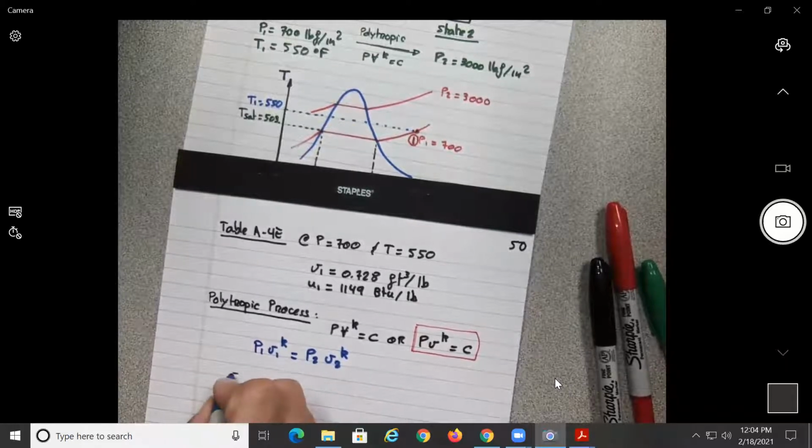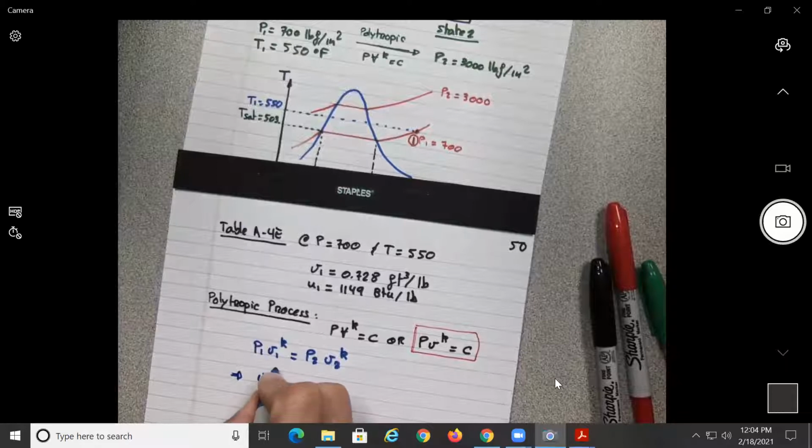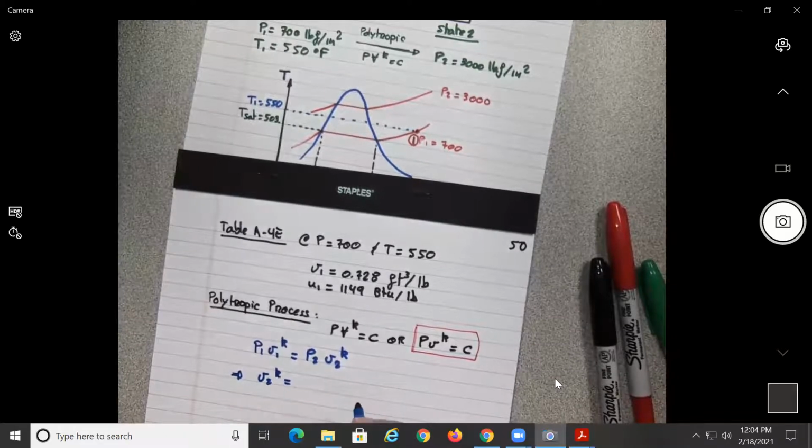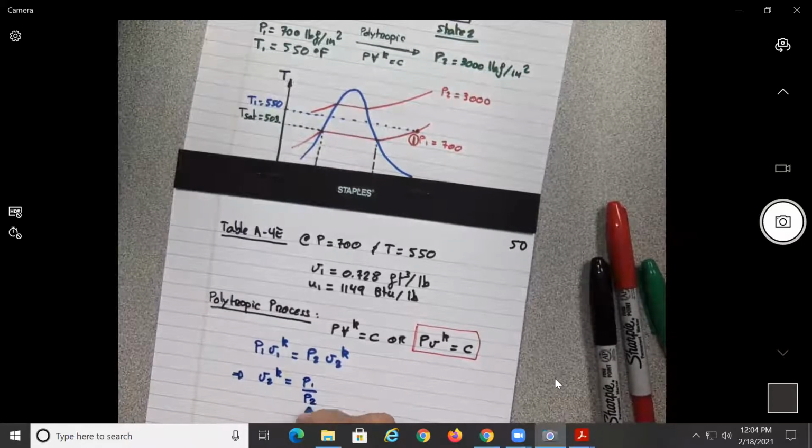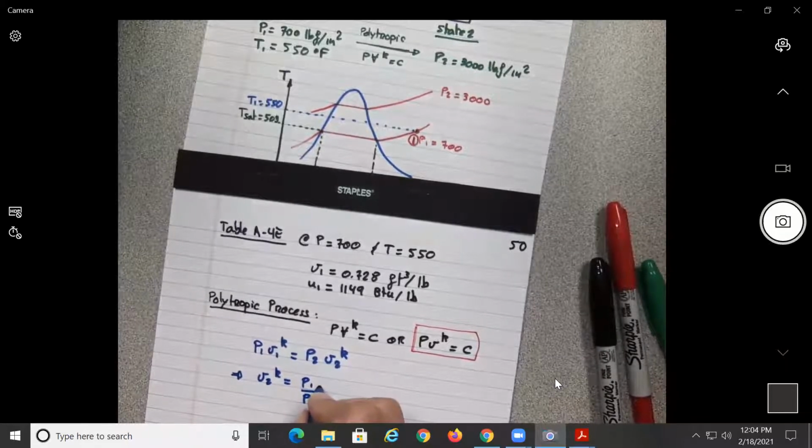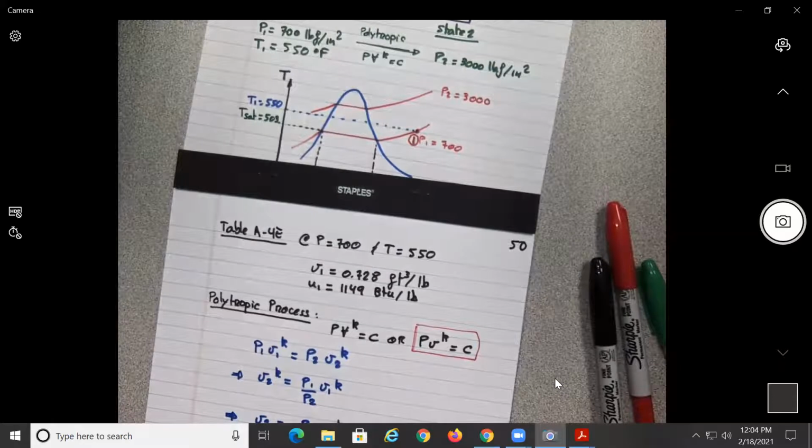So we can solve here for v2. So this will give us what? v2^K will be equal to P1 over P2 times v1^K, which will give us that v2 is equal to P1 over P2 times v1^K, and here whatever you want to do, you can either take the root to the 1.6, no?